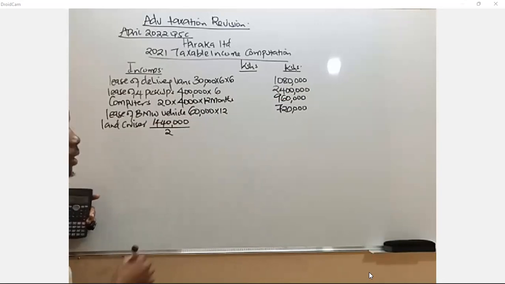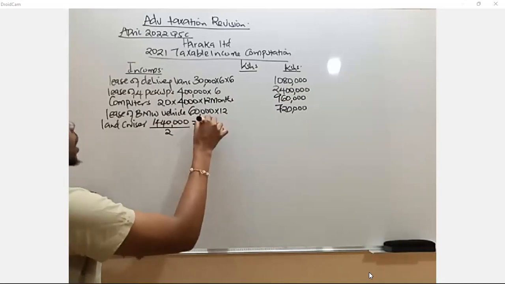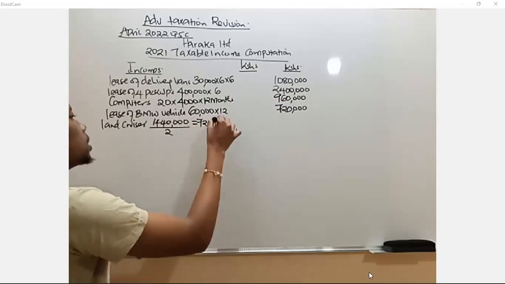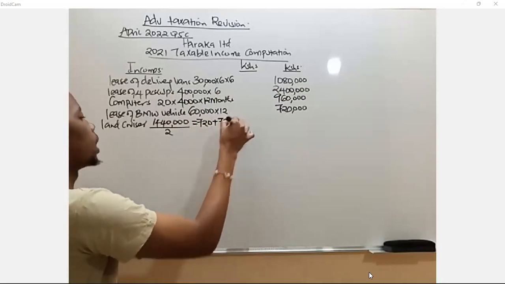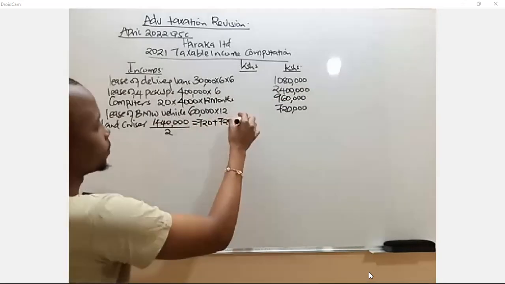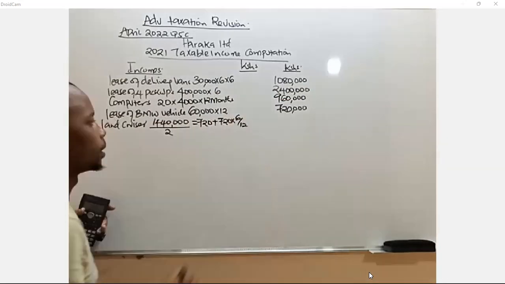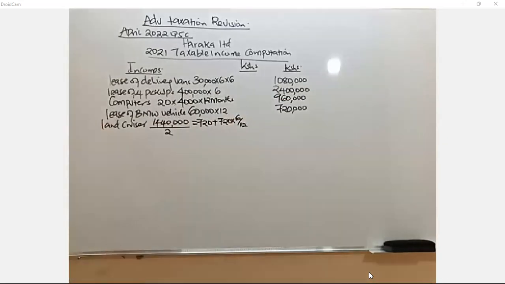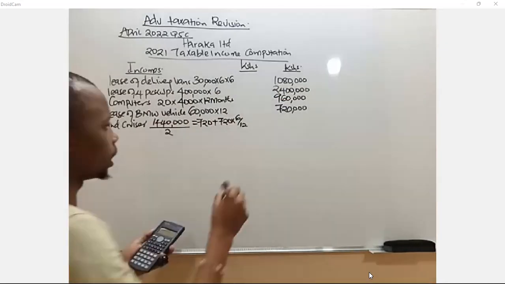So we take 720 plus 720 times 6/12. So how much is it? It will be 720 times 6 divided by 12, getting 360 plus 720, getting 1080,000.